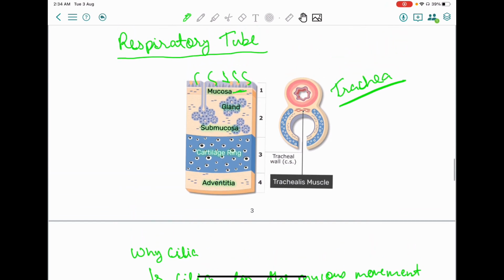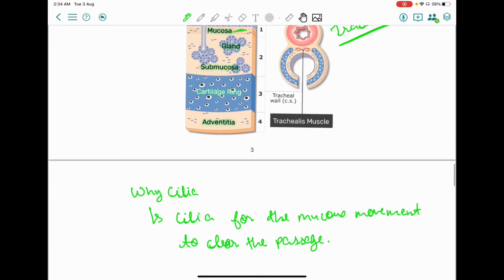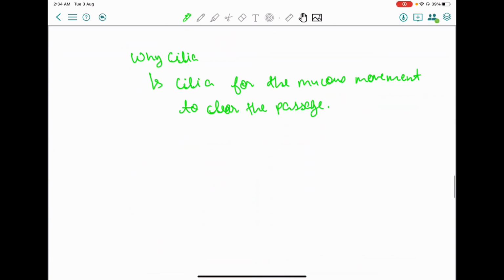So the top layer, which I've told you, mucosa, the epithelium, what is it made up of? It is pseudostratified ciliated columnar epithelium.